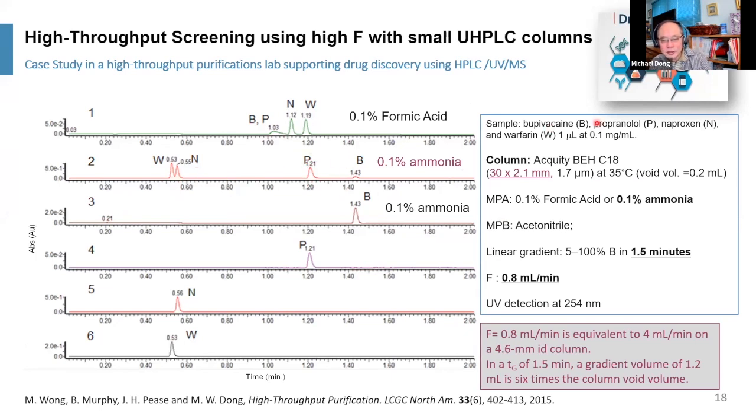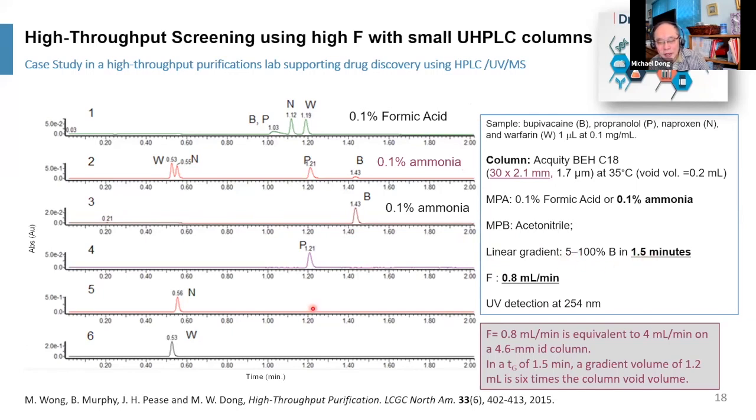For the basic pH mobile phase A, using 0.1% ammonia actually works better, because formic acid gives you a co-elution between B and P. B is this compound, and P is propranolol. Here is each individual injection of the single drugs. So here is a case study that we did, in which the gradient time is 1.5 minutes.